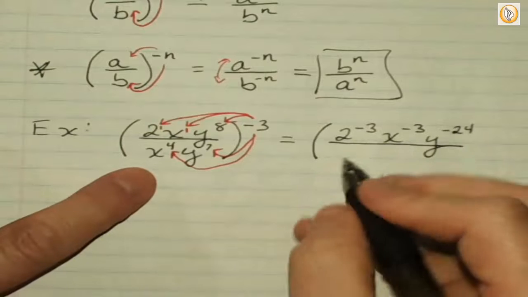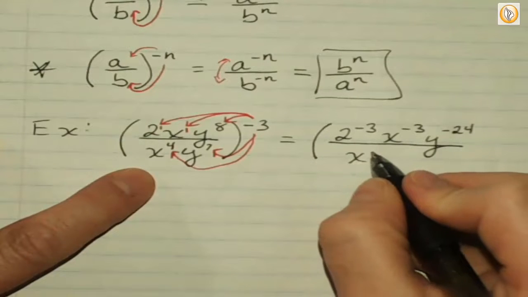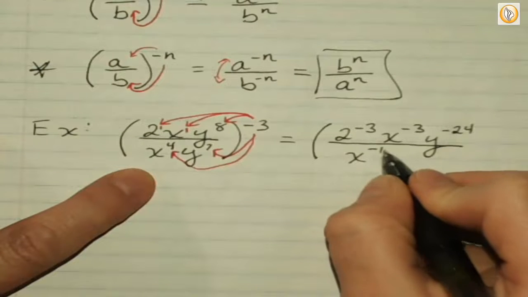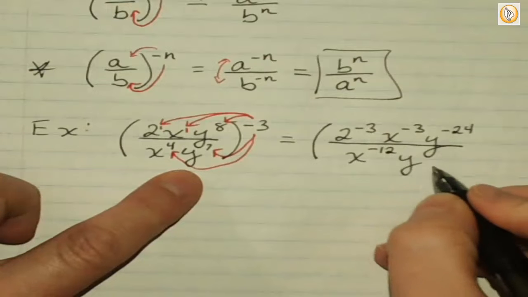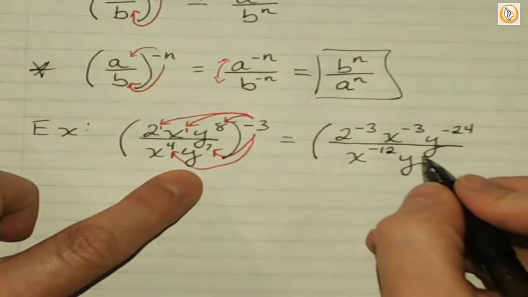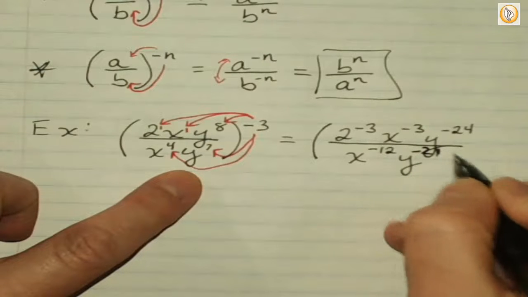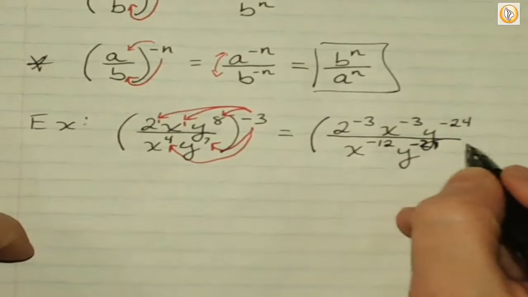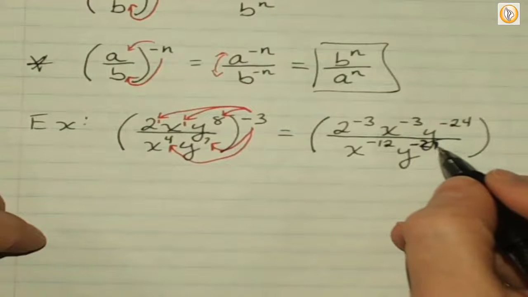Negative 3 times 4 is negative 12. So x has negative 12. And the y, 7 times negative 3 is negative 21. That's a negative 21. Those of you in the back, that's negative 21. Do you see that, Cecilia? Okay.